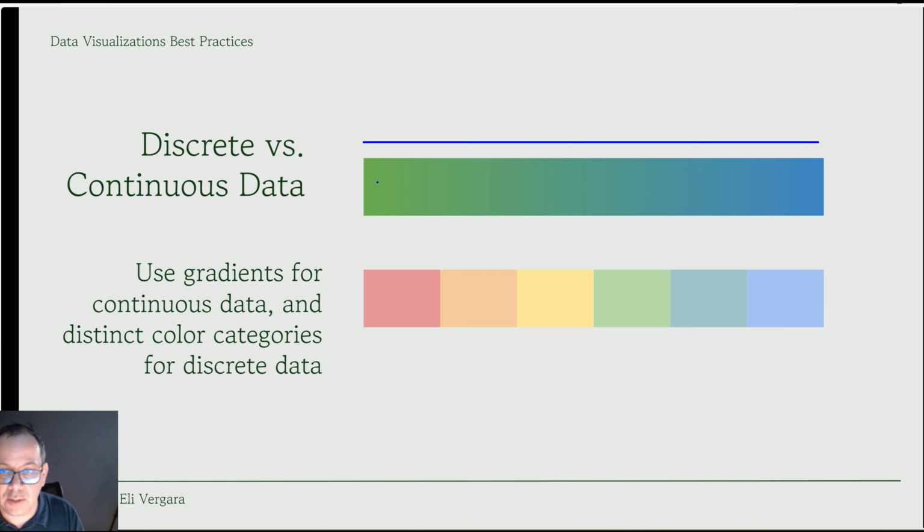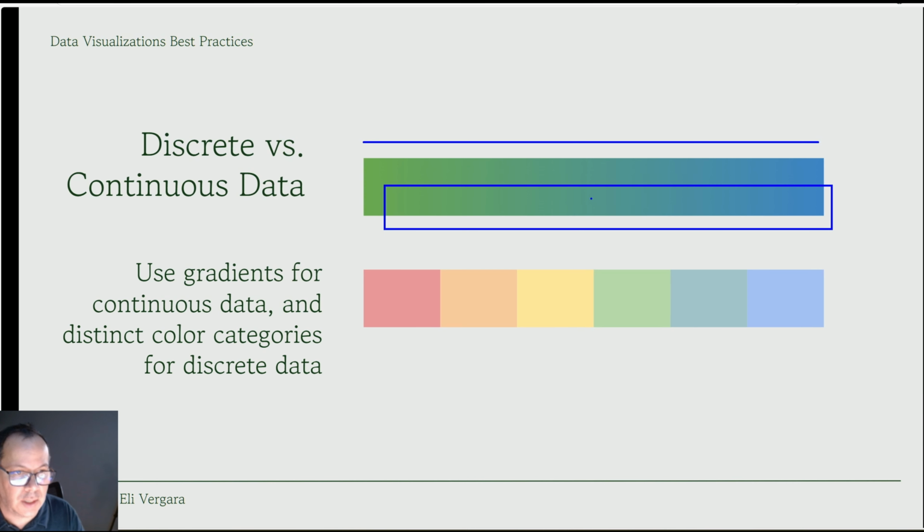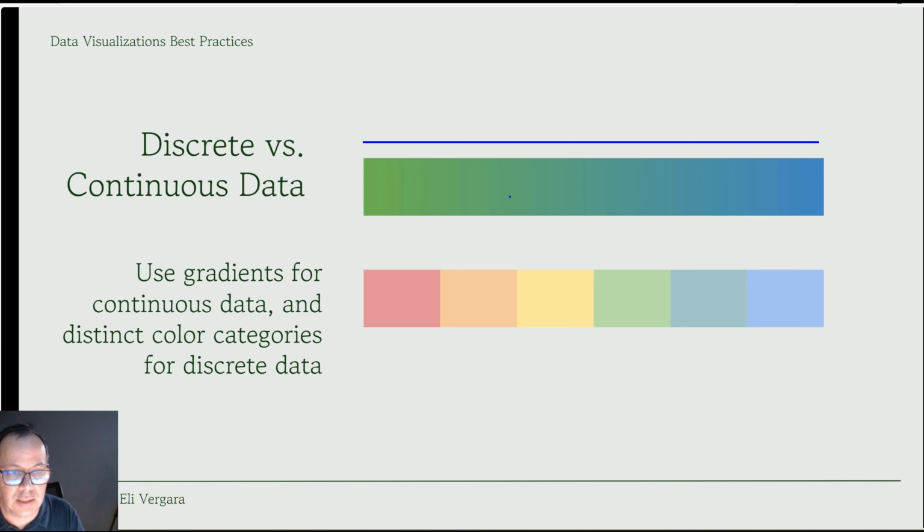Gradients are shades of color that are hard to separate. We see how they progressively go from one color to the other color, and it's really hard to distinguish any break in the data. And that is why we use gradients to represent continuous data.